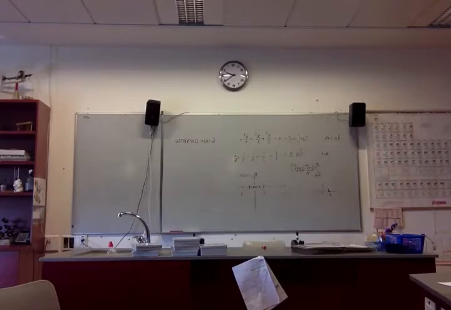Does it help? No, it's not working. Let me try again. From 1 to 10 of negative 1 to the n plus 1 times 1.02 to the n all over n.